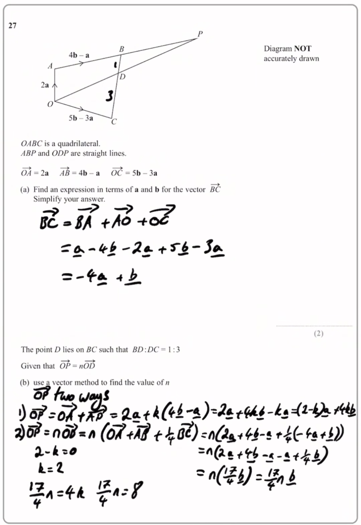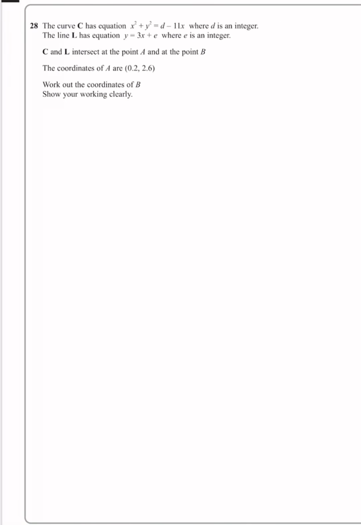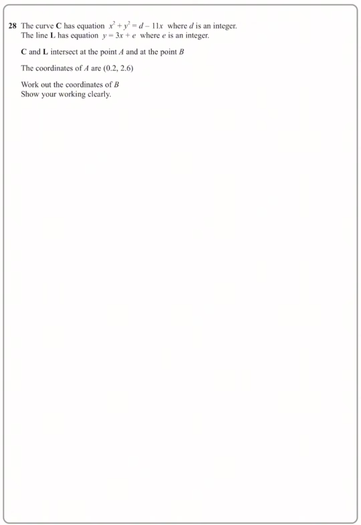We know that k is 2, so 17/4 n must be equal to 8, times by 4, divide by 17, n must be 32/17, 32/17 as a top-heavy fraction. If you've done that as a decimal or a mixed number, that's absolutely fine.